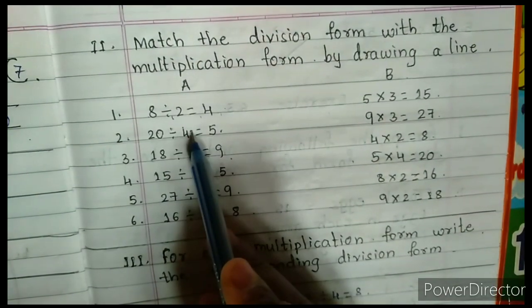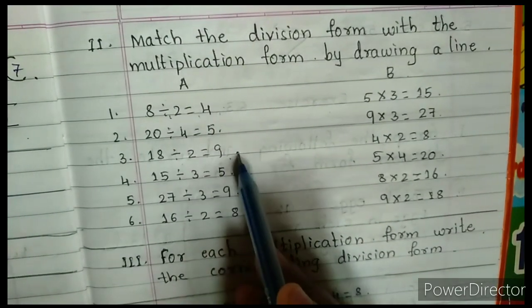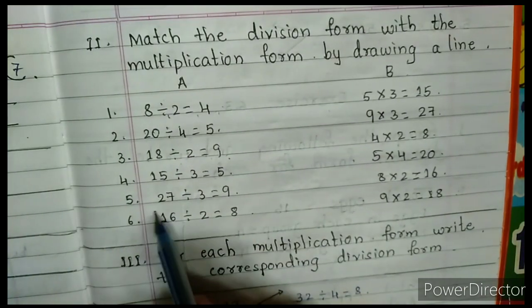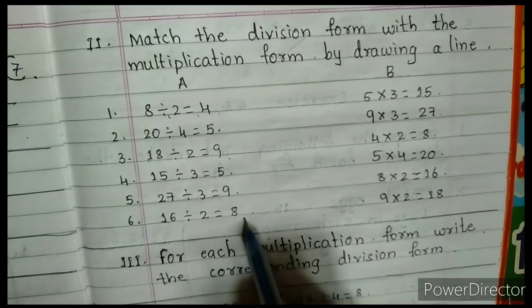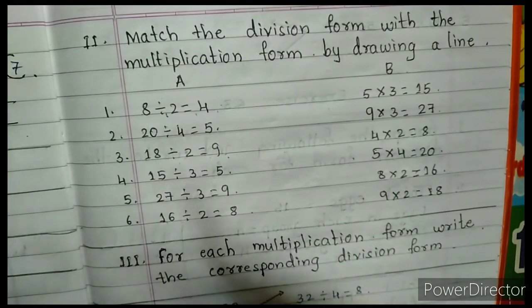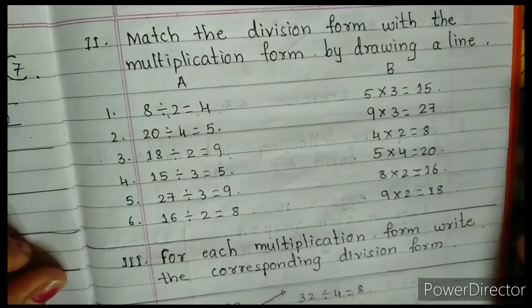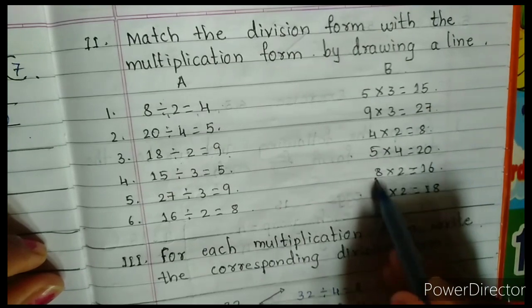20 divided by 4 equals to 5. 18 divided by 2 equals to 9. 15 divided by 3 equals to 5. 27 divided by 3 equals to 9. 16 divided by 2 equals to 8. So my easy method is, now 8 is there. In this row, where do you get 8? Yes, I got 8 here and one more 8.